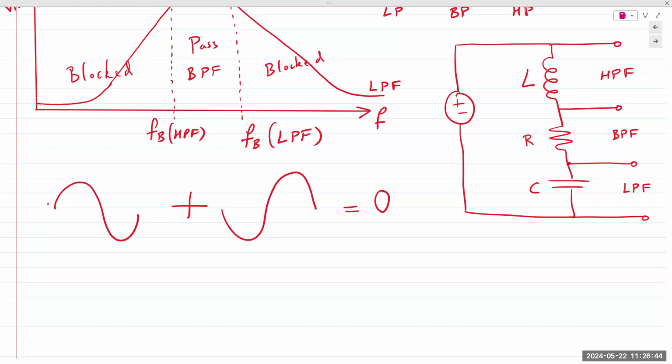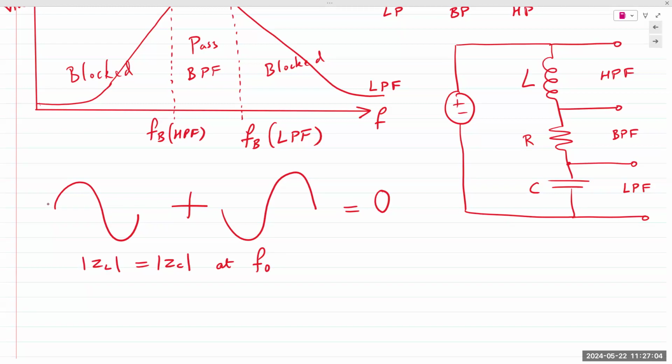Same concept. The magnitude of ZL and the magnitude of ZC are exactly the same at the resonant frequency. That frequency is known as the resonant frequency and noted as F0.